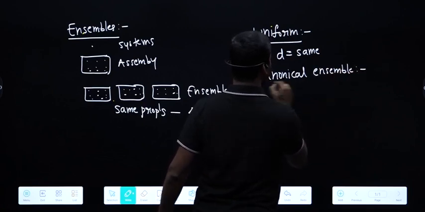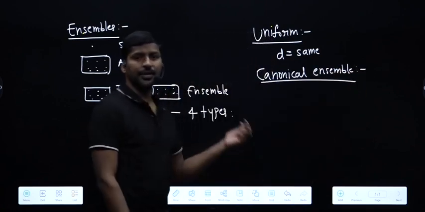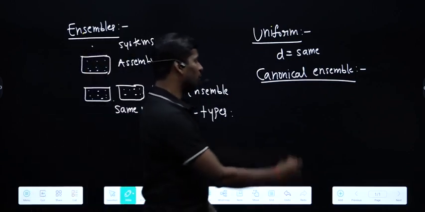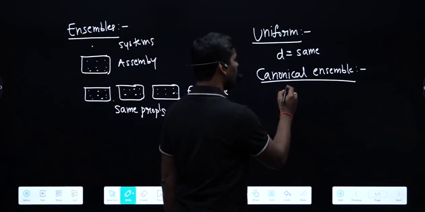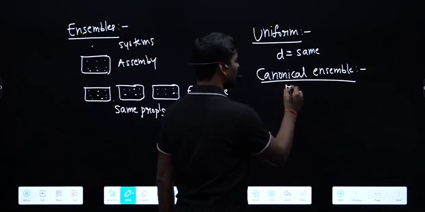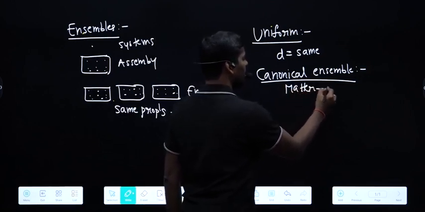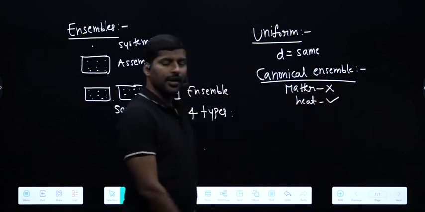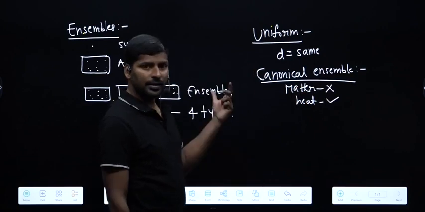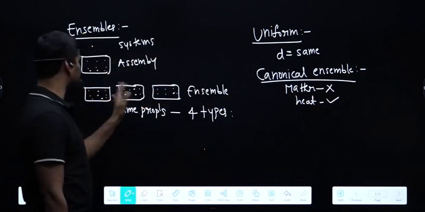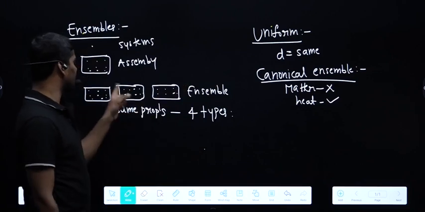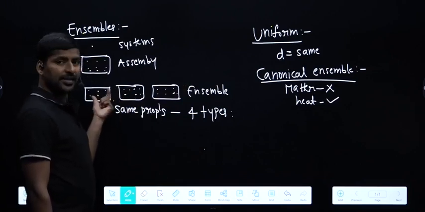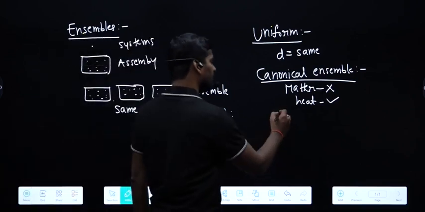Next one, canonical ensemble. This is similar to a closed system in thermodynamics. We know in a closed system there is no exchange of matter, but exchange of heat takes place. In this case also, between two assemblies there is no exchange of matter, but exchange of heat takes place to maintain constant temperature.